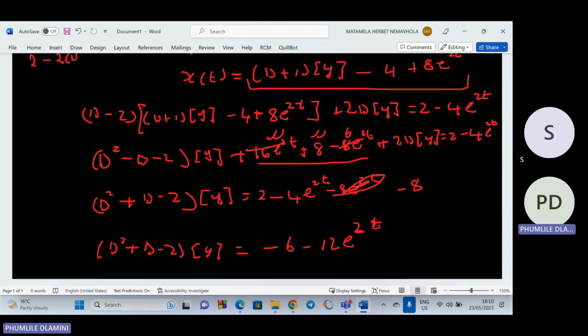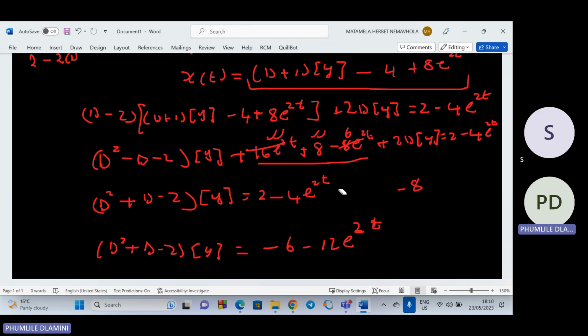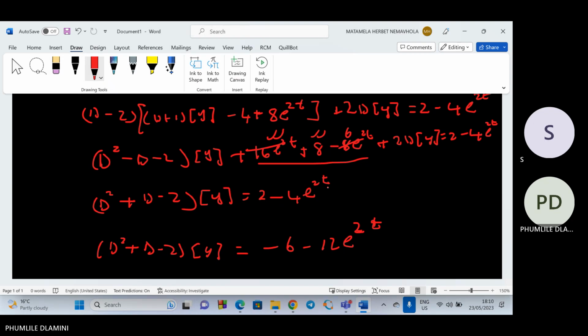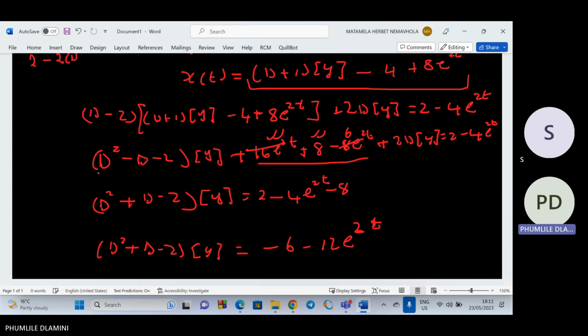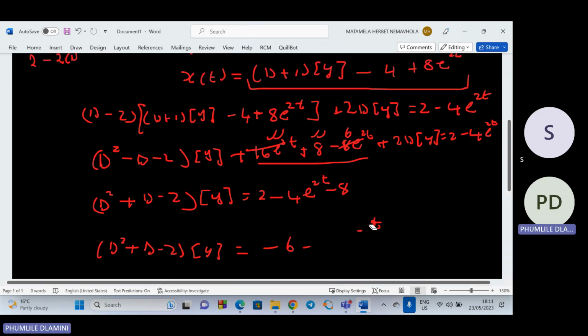This 8 is not there. That's the problem that we had there. So this 8 won't be there. It's going to be minus 8 only. So when it's minus 8, then our answer will be minus 6 minus 4.